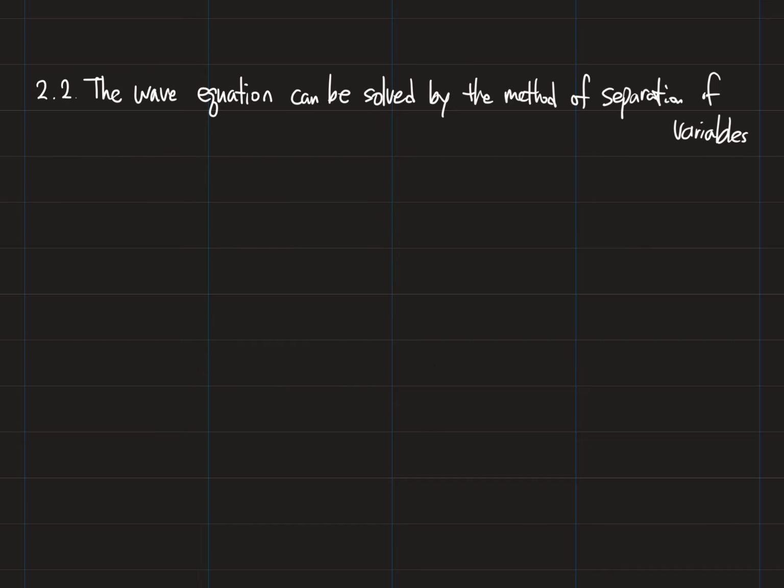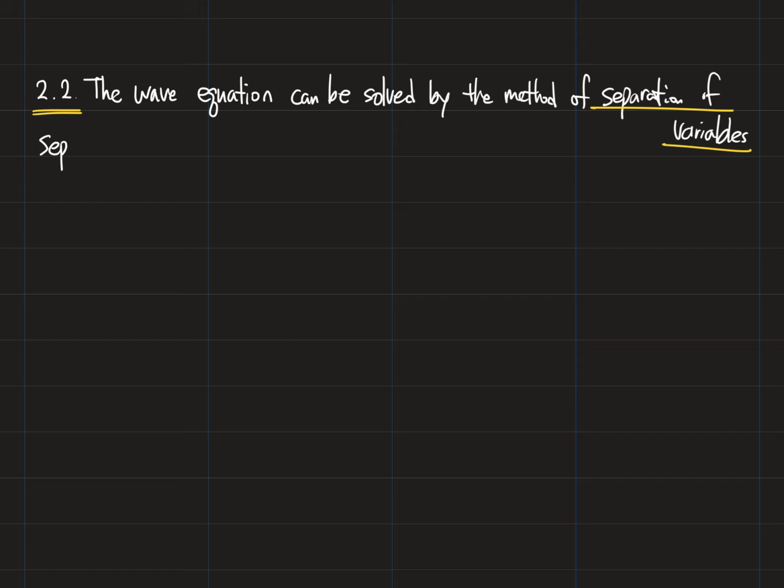As I said on the previous page, in this section 2.2, we are going to solve the one-dimensional wave equation, and we are going to employ a technique called separation of variables.